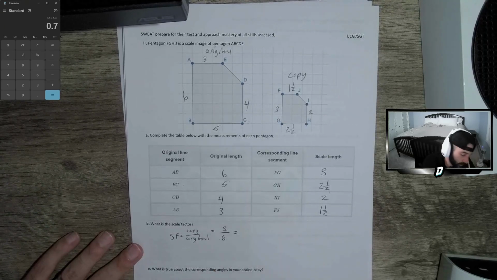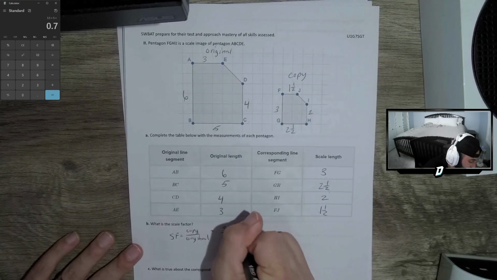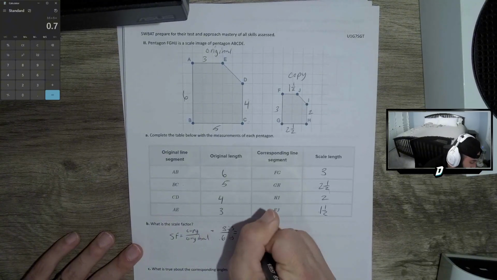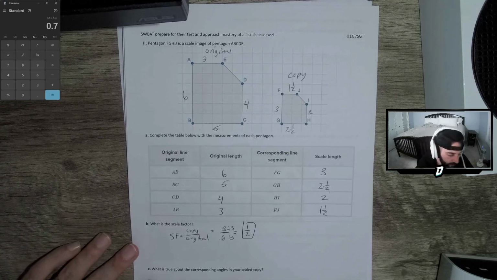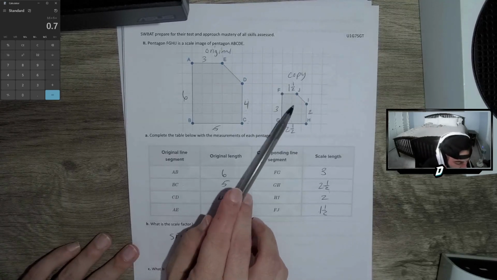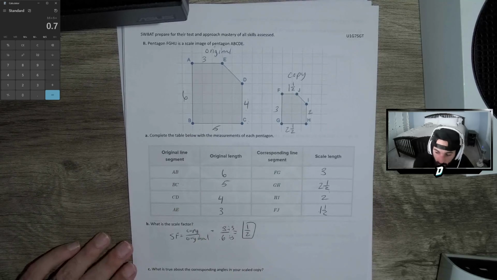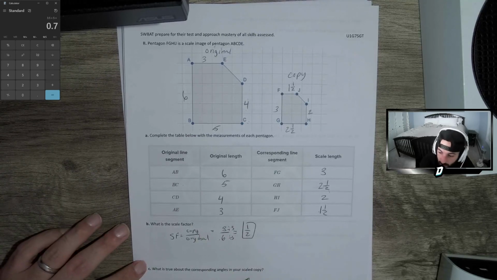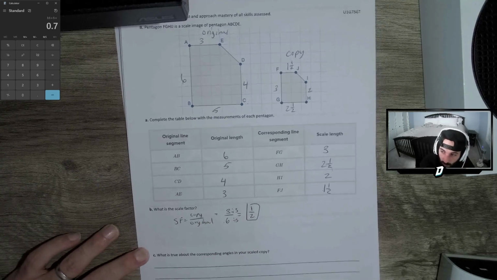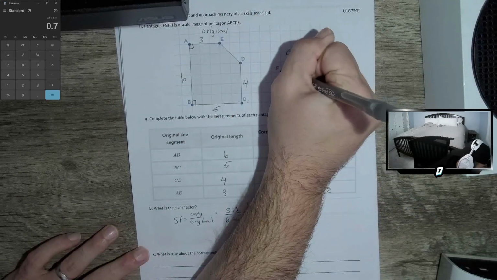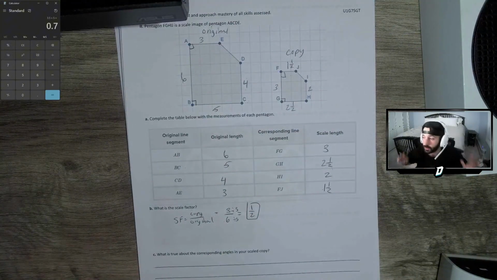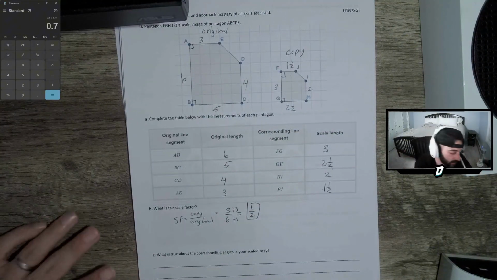And so 3/6 can be simplified down by dividing by 3, and I end up getting 1/2. This means our scale factor was just 1/2, meaning that the size of our copy is half the size of the original. And so what is true about all corresponding angles in your scaled copy? Well, all corresponding angles in a scaled copy are congruent. So angles do not change when we have a scaled copy.